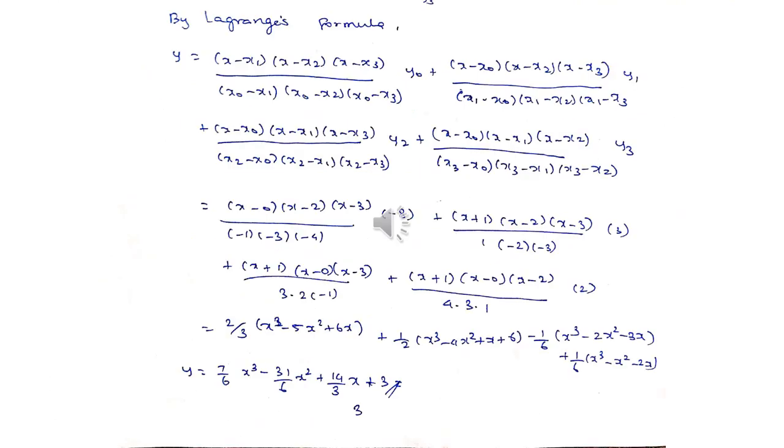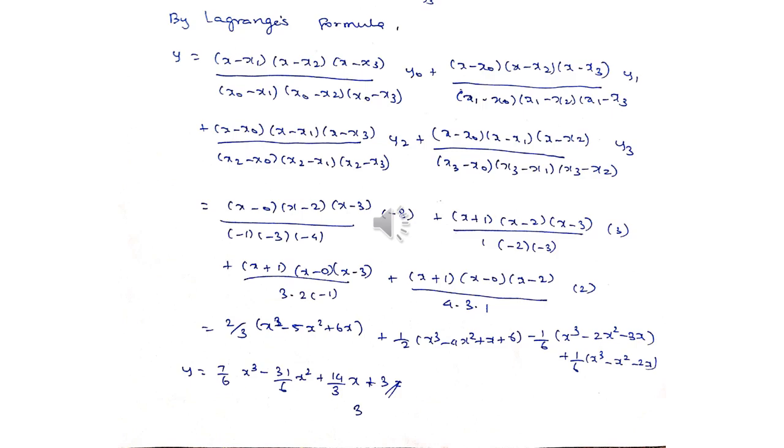In this problem, there is no need to find any value of f of x. We only have to find the polynomial of the cubic curve. That is the Lagrange's equation for this given data. So first we write the Lagrange's formula for 4 terms.